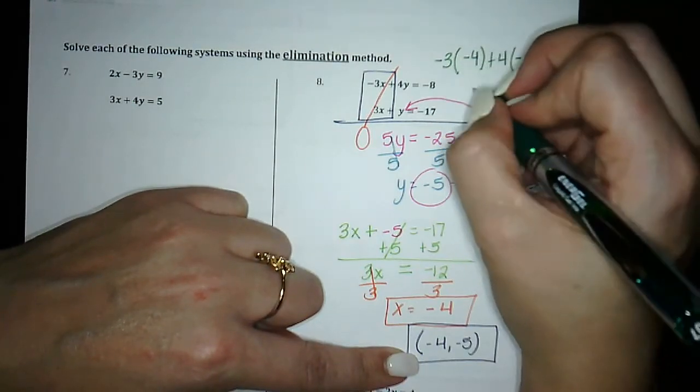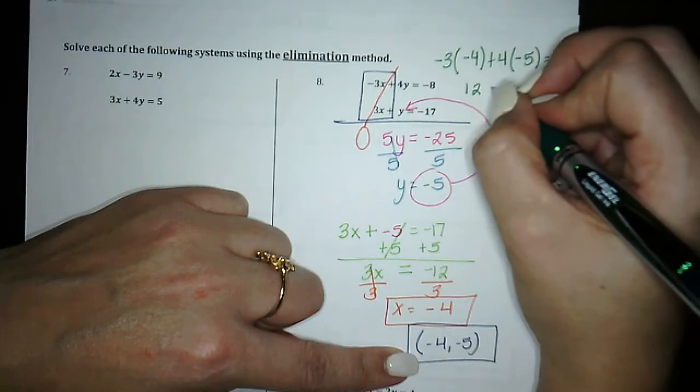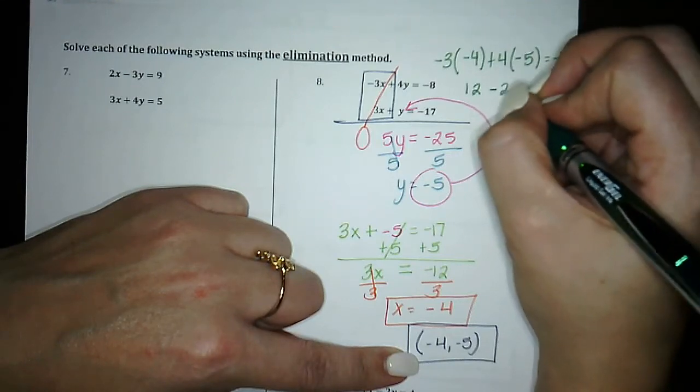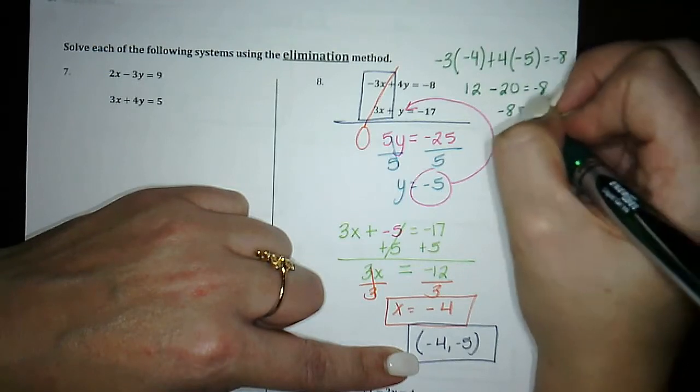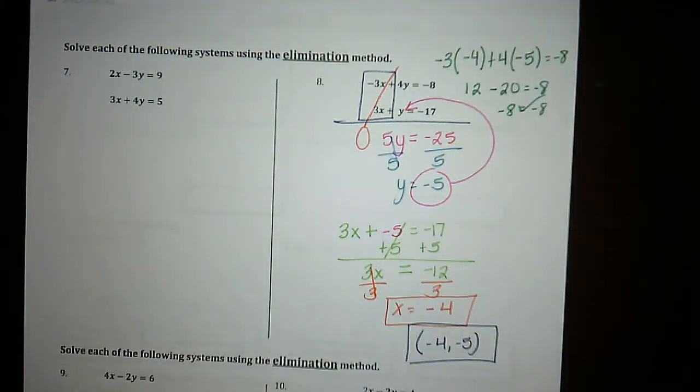We get negative times a negative makes it a positive. This is a negative 20. And we get negative 8 equals negative 8. Is this right? By golly, it is. So now we go on to number 7.